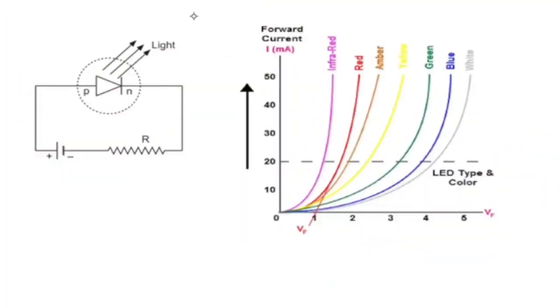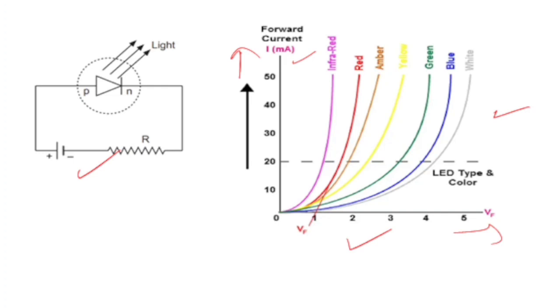This is the symbol of this light emitting diode, and this one is the IV characteristics of this light emitting diode. Different colors of light are emitted near the junction, with voltage on this side and forward current in milliampere on this side. So different colors of light are emitted near the junction in case of LED, right?